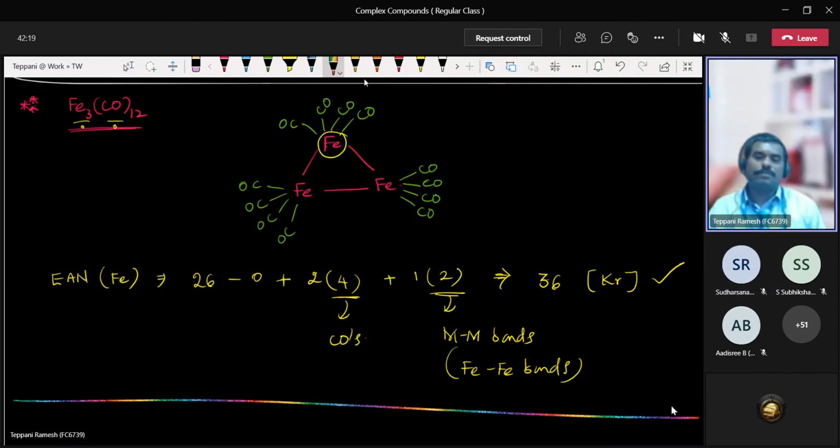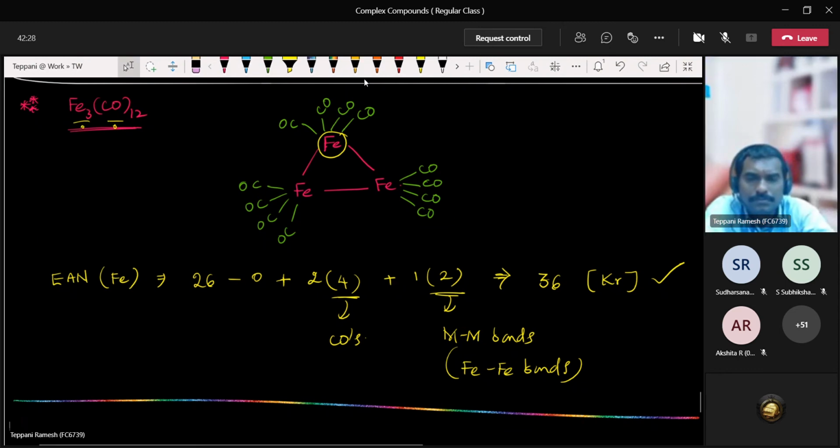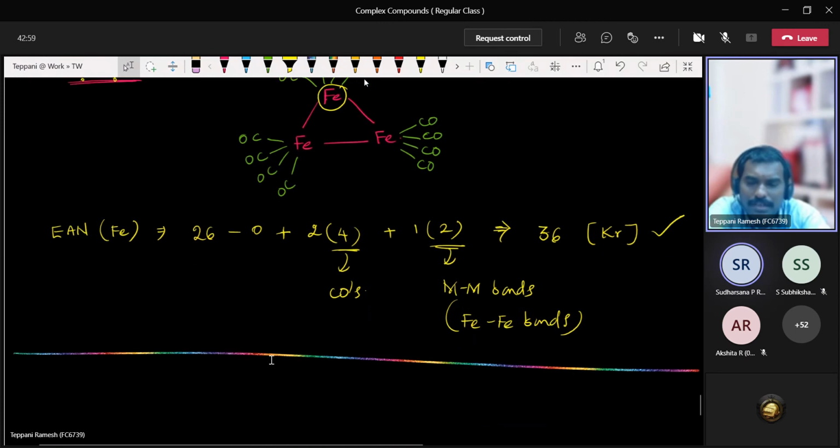Write this. The EAN rule is clearly understood here itself.